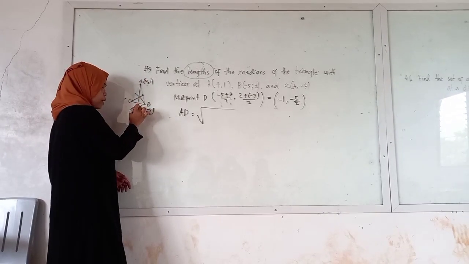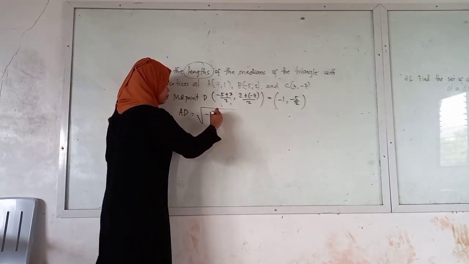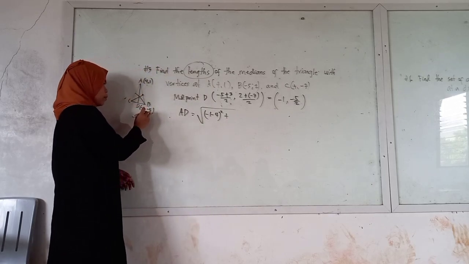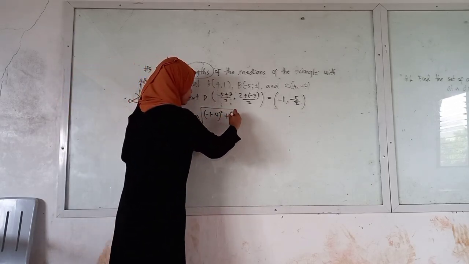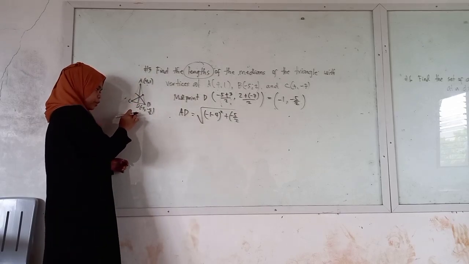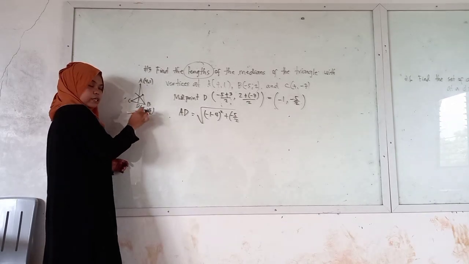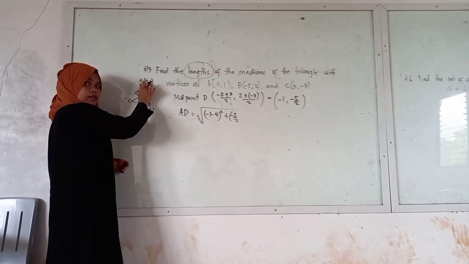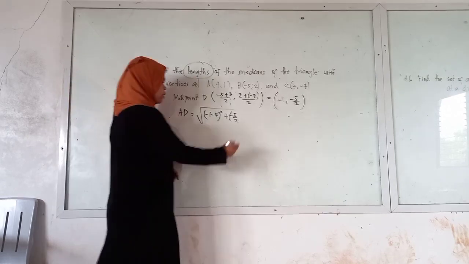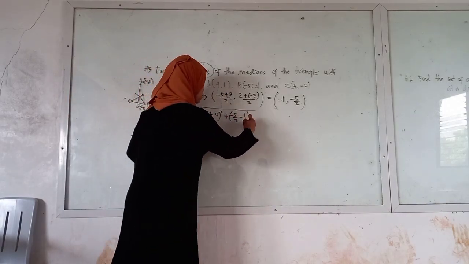So I have (-1 - 4) quantity squared plus y sub 2 ko ay -5/2. Okay, take note. Pag ito yung ginawa mong x sub 2, dapat ito rin yung gagawin mong y sub 2. Hindi pwede na x sub 2 and y sub 1. Okay, dapat partner sila. Okay, so (-5/2 - 1) quantity squared.